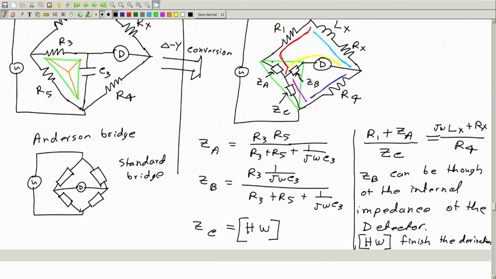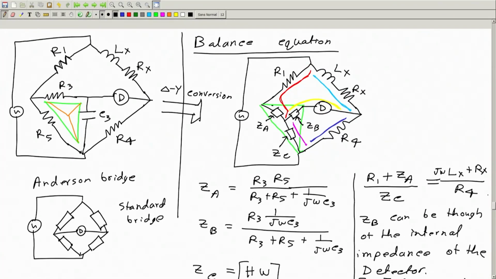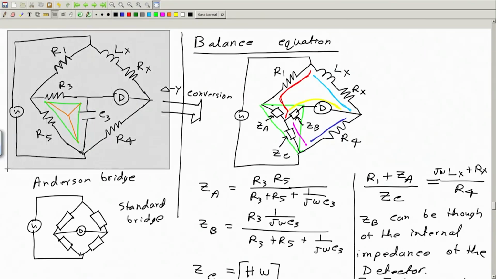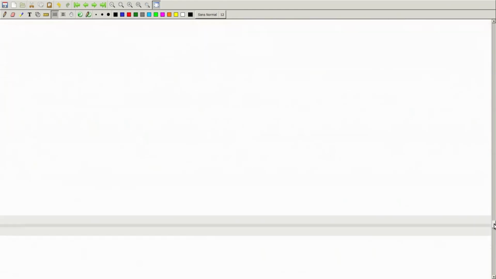I can do it in many ways. Now, I will show you another way of finding this balance equation, which will be easier, I feel.